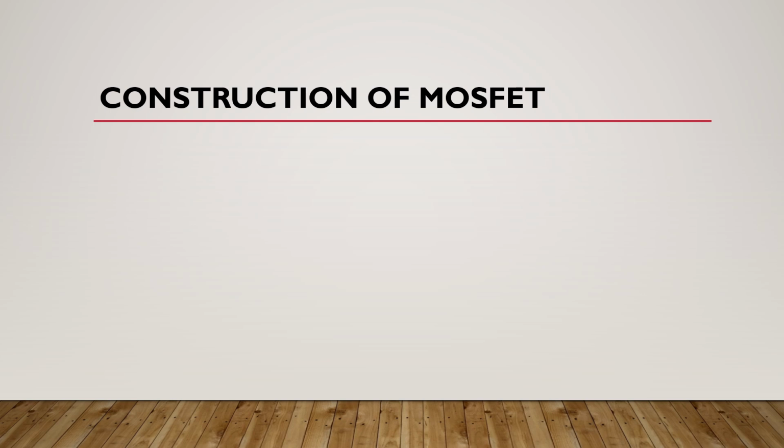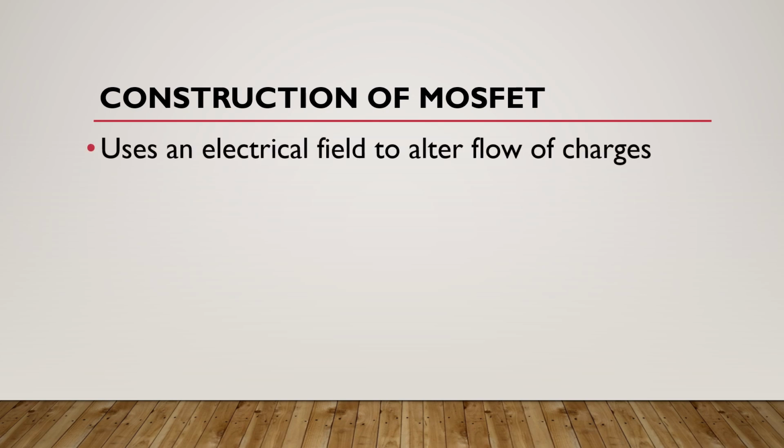Both the depletion and enhancement type MOSFETs use an electrical field produced by a gate voltage to alter the flow of charge carriers, that is, electrons for n channel and holes for p channel through the semiconductive drain source channel. The gate electrode is placed on the top of a very thin insulating layer.